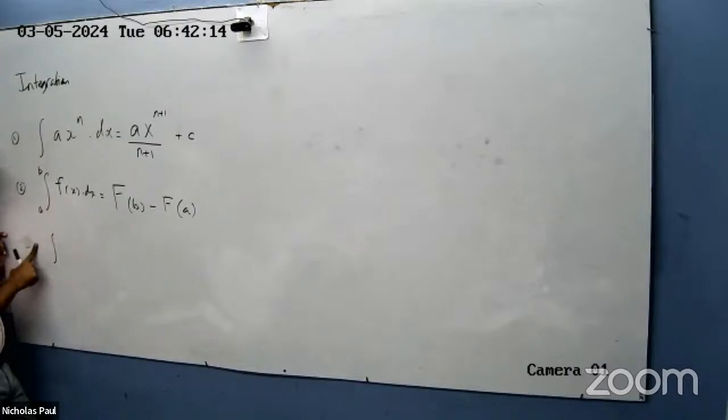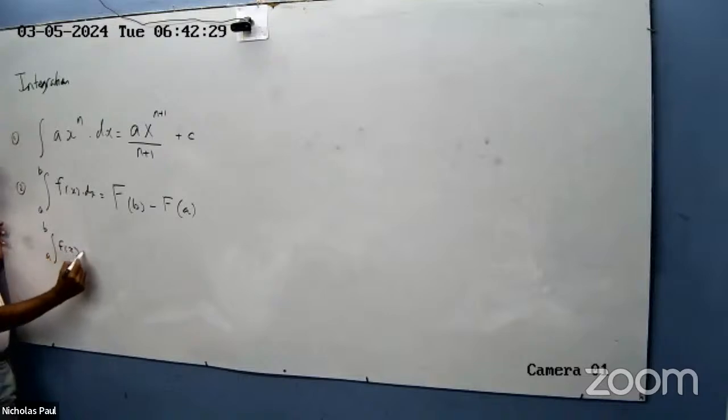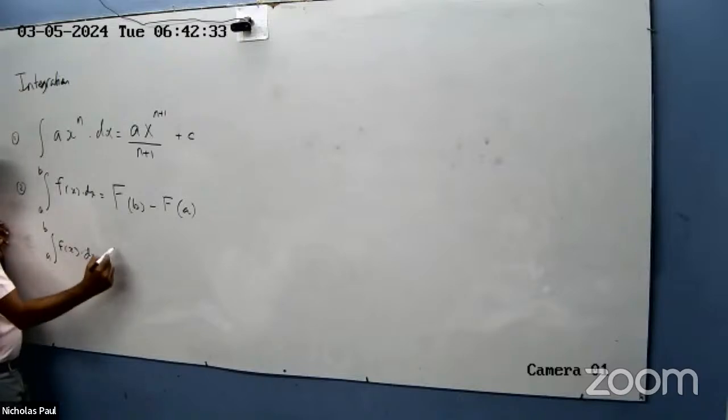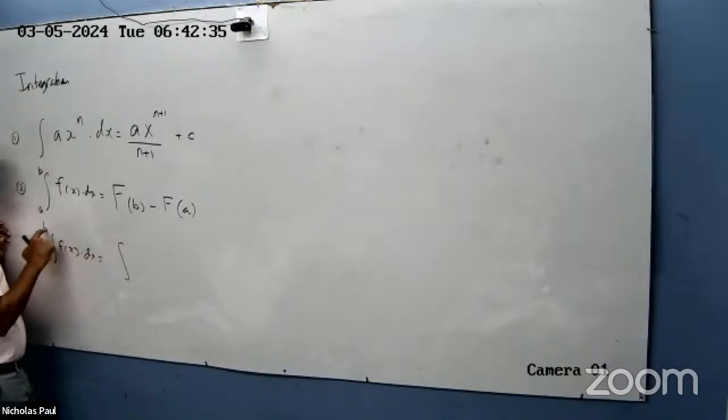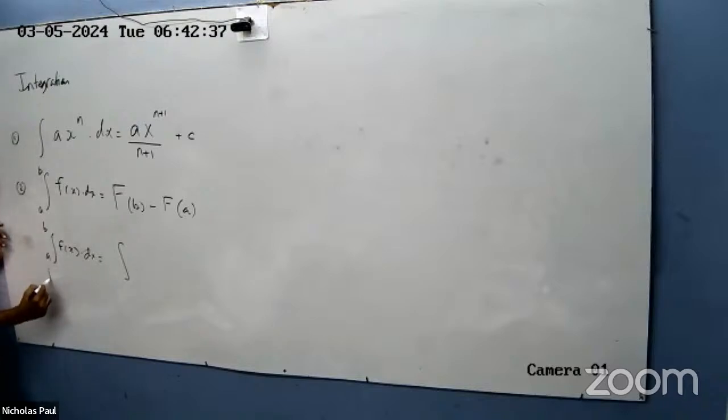One quick rule for you to remember from Form 5. Suppose I were to do something like this. The integral between b and a of f of x. But instead of b to a, of course, b is more than a, right?